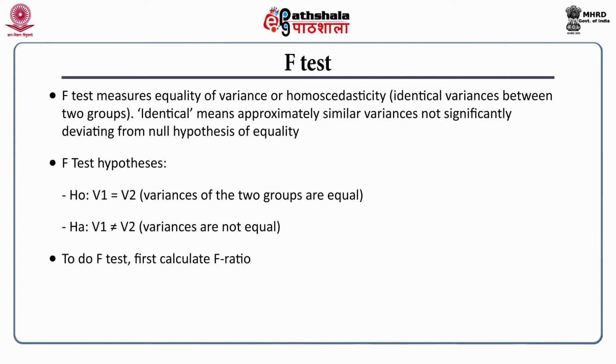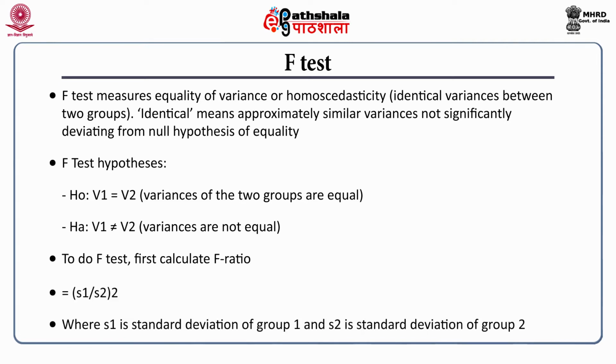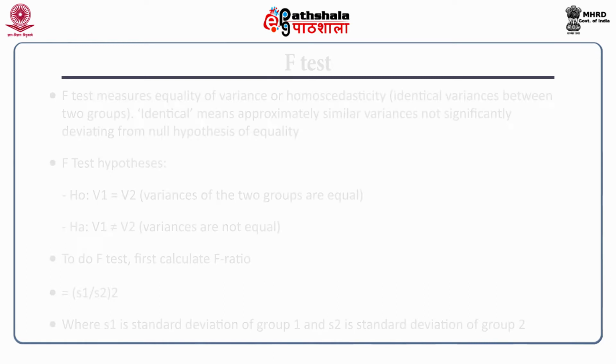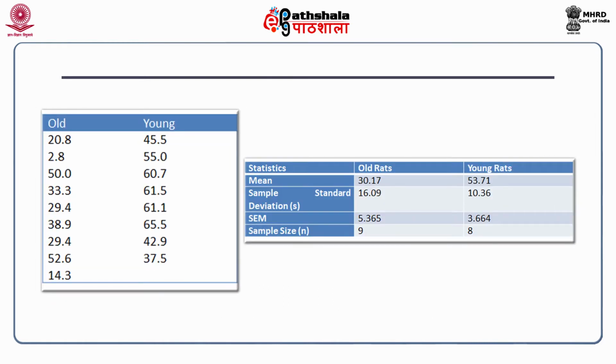To do the F-test, first we have to calculate the F ratio, which is the standard deviation of group 1 divided by the standard deviation of group 2, squared, where S1 is the standard deviation of group 1 and S2 is the standard deviation of group 2. In this example, we are comparing old and young rats for a certain measurement. The group on the left side is old, while the column on the right side is the young rats.